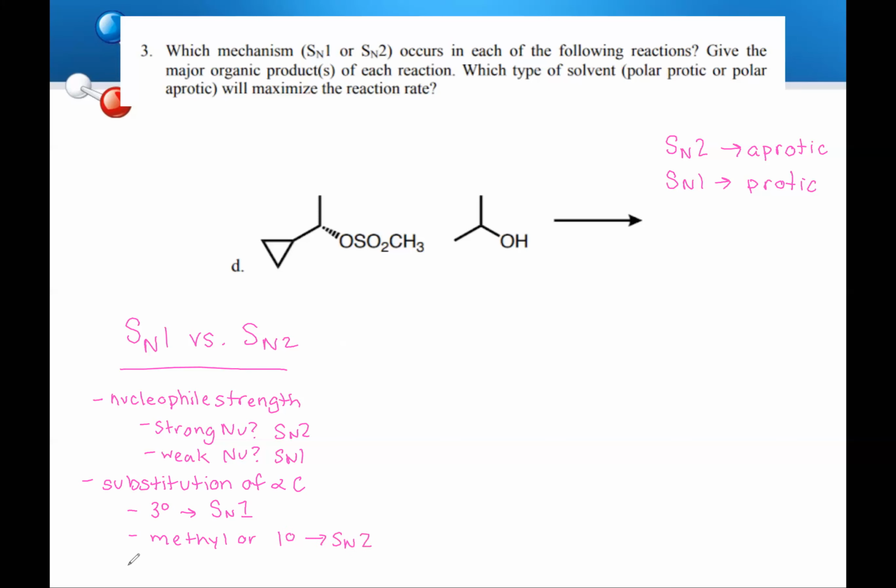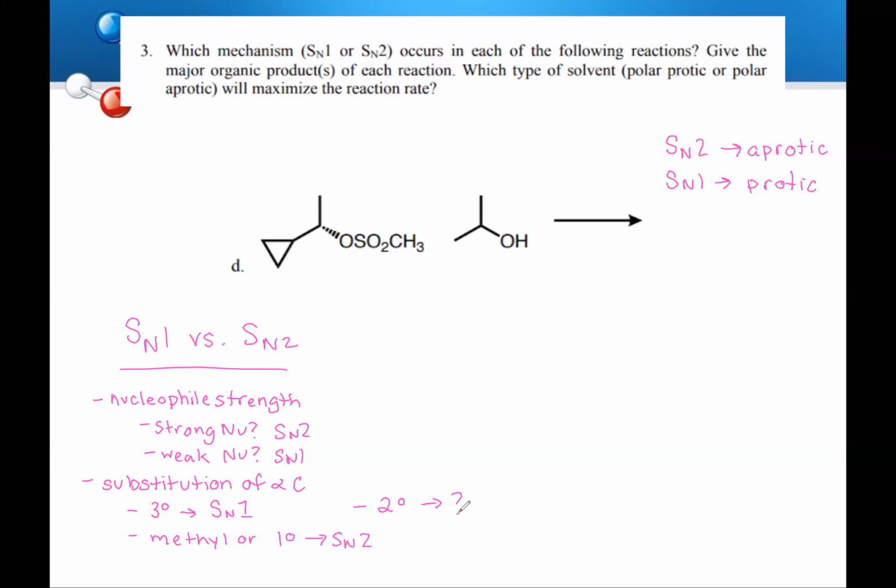And then the unfortunate thing with this technique is if we have secondary, we don't know. Well, that's really unfortunate. You can't see everything. I don't know why that is, and I don't know how to fix that. So we're just going to erase this, and then we'll write it on the side. So if it's secondary, we don't know what is happening there.